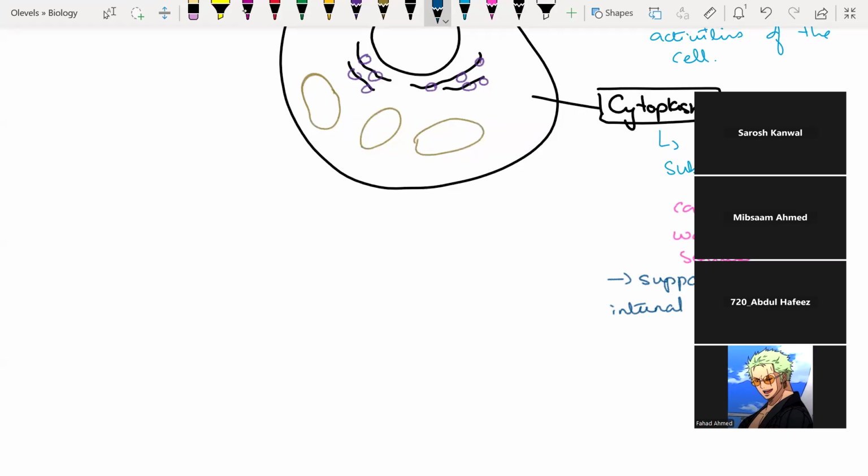And another important function of cytoplasm is that it is the site for many chemical reactions. What does that mean? That many chemical reactions are going to happen inside the cytoplasm. So, could you name some of the processes that happen in cytoplasm? Ma'am, respiration. Good. Which respiration?